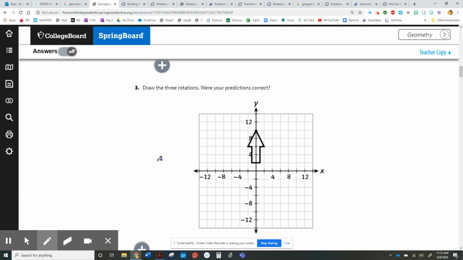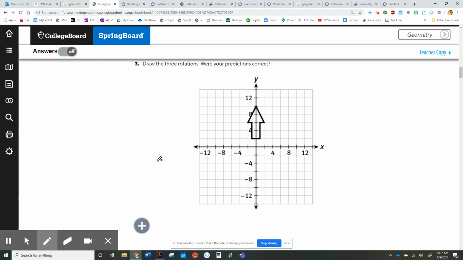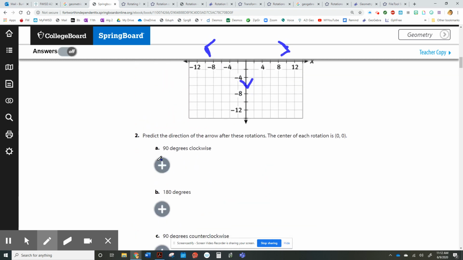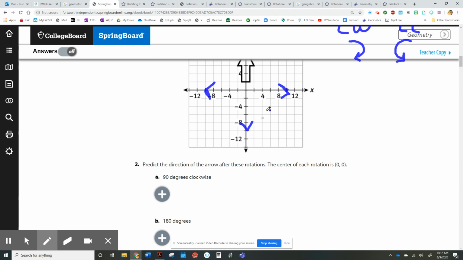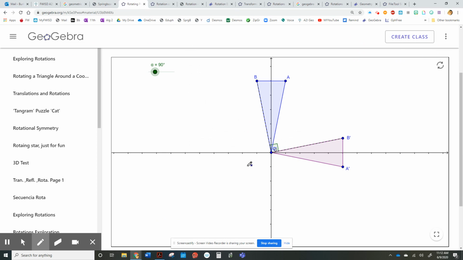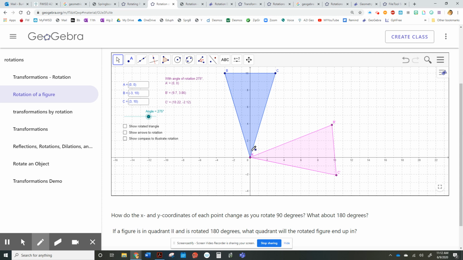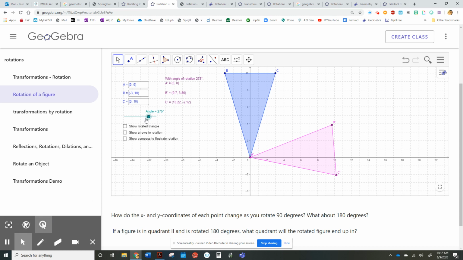Draw the 3 rotations where your prediction's correct. So yeah, they will be, because I didn't draw the whole thing, but I drew the direction of the arrow. So I said this one would be right, this one would be down, this one would be left. And if you go back over here, you can even see the points, but I could not get that to get at.